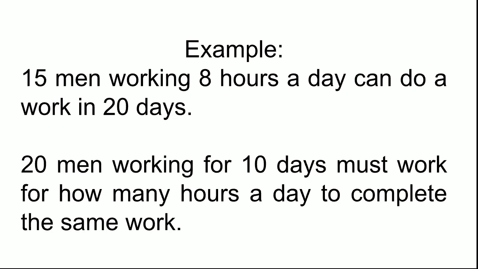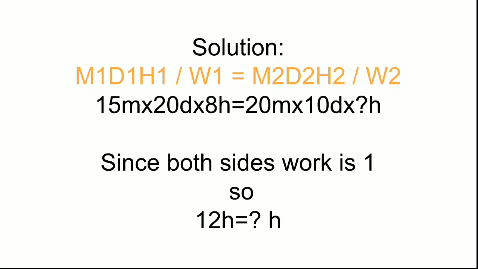Let us take an example. 15 men working 8 hours a day can do a work in 20 days. 20 men working for 10 days must work for how many hours a day to complete the same work? Let us see the solution. Formula is M1 D1 H1 divided by W1 equal to M2 D2 H2 divided by W2.